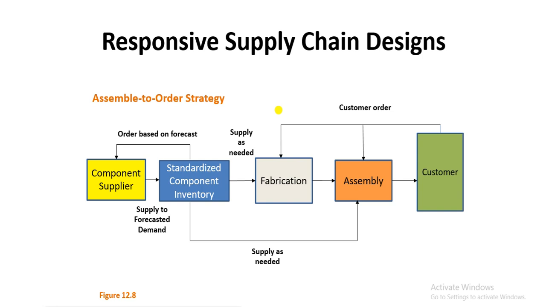Here you are talking about the responsive supply chain design, and in this you are focusing on the assemble to order strategy. It means that a company is assembling the products, and as you can see in your slide, the supply chain starts from the supplier who is providing the components, and these components would be based on the forecasted demand.